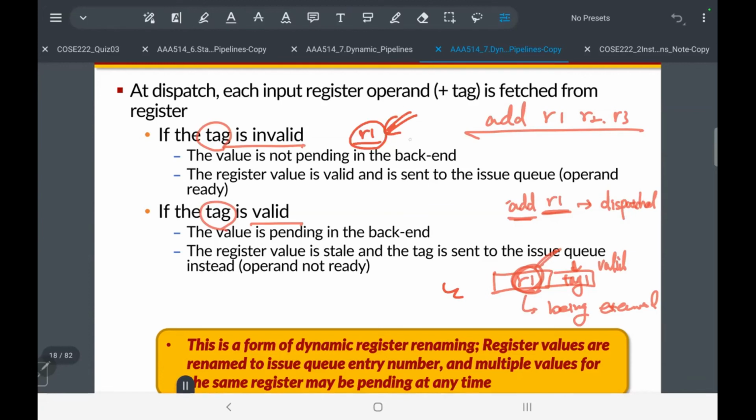This is the already updated, valid value. We can find the valid data in the register, which means that this dispatched instruction can read the data from the register file.